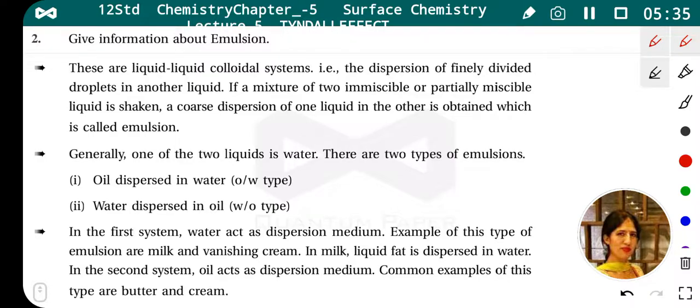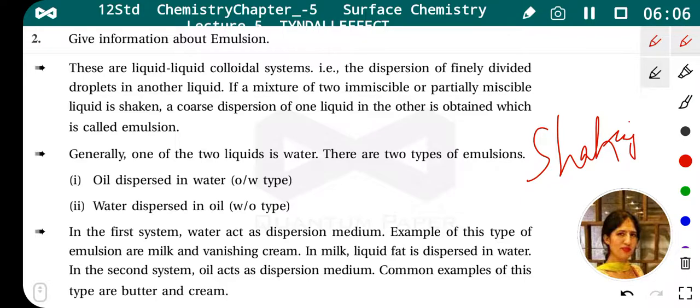If a mixture of two immiscible or partially miscible liquids is shaken, a coarse dispersion of one liquid in the other is obtained, which is called an emulsion. That is, if you take a mixture of two immiscible liquids, which do not mix together, or partially miscible, a little bit, and you shake it.